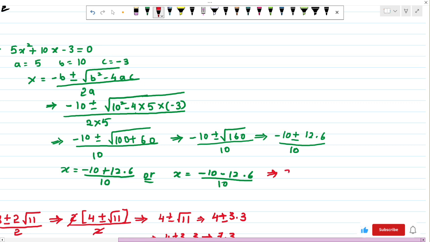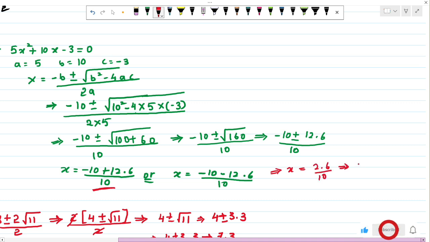So this becomes minus 10 plus 12.6 divided by 10, and it becomes x is equals to 2.6 divided by 10.